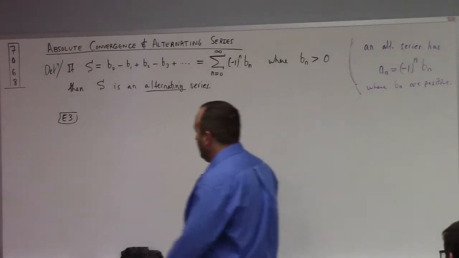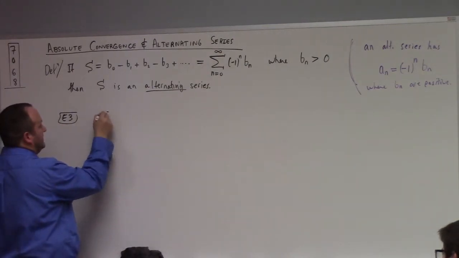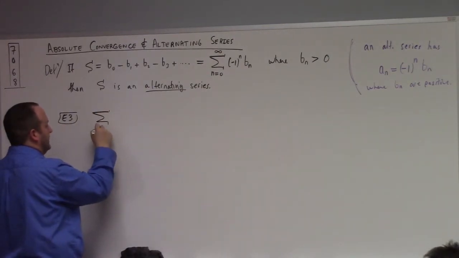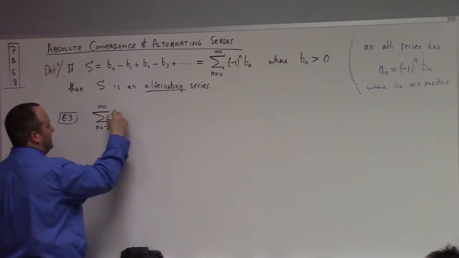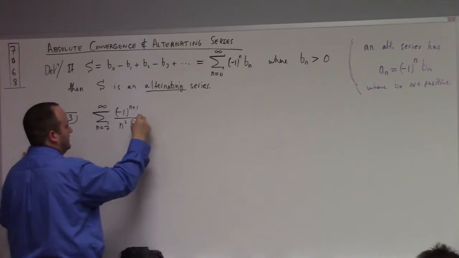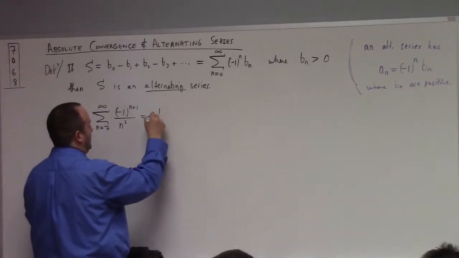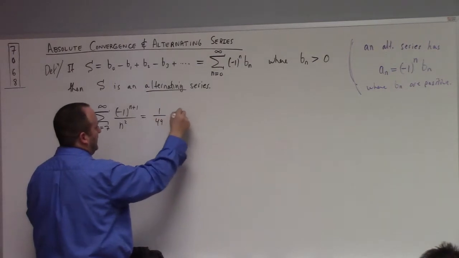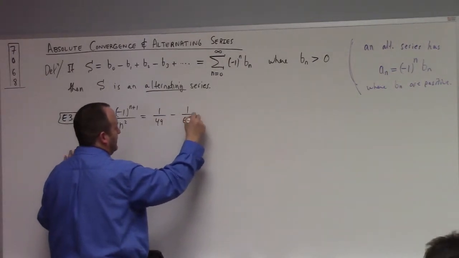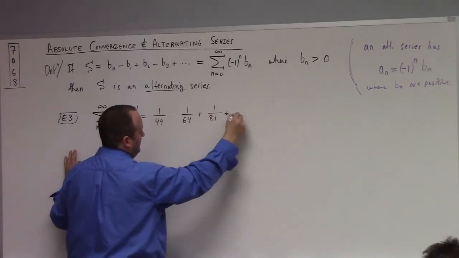All right, so example 3, we could have something like this. The sum, say, n equals 7 to infinity of minus 1 to the n plus 1 over n squared. So that would be like 1 over 49 minus 1 over 64 plus 1 over 81, dot, dot, dot.